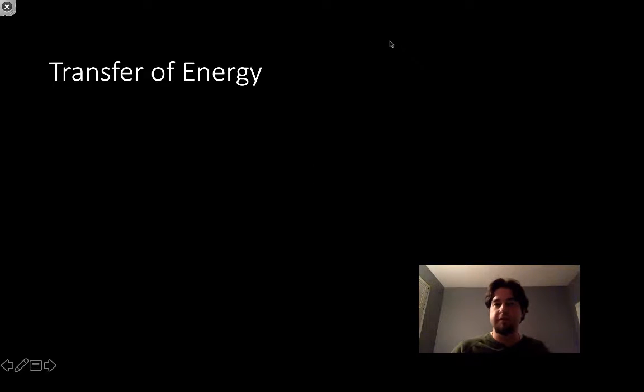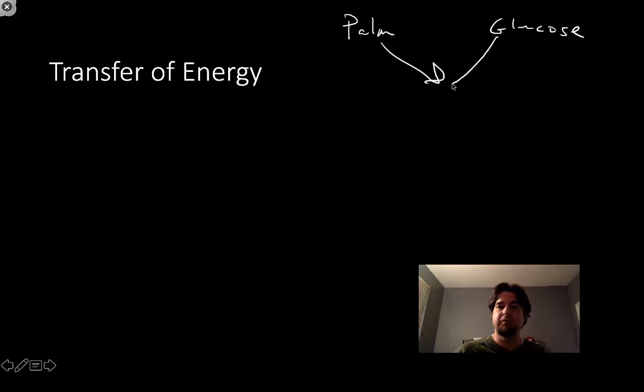In the energy transfer that we're talking about, we're going to either use palmitic acid or glucose, and the energy that's stored within them in the chemical bonds, and we're going to transfer that energy, right? Because energy cannot be created nor destroyed.